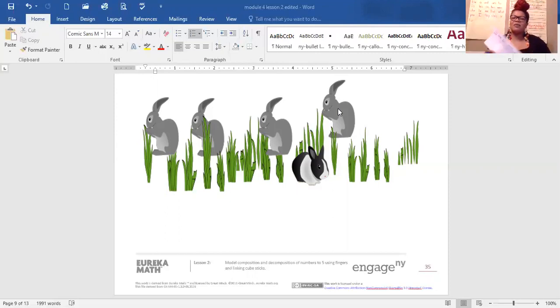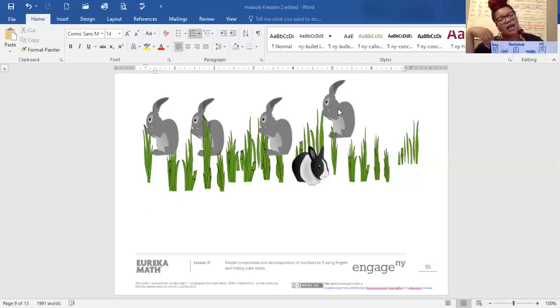Now, parents, I know you're like, well, Ms DuBose, 4 and 1, 1 and 4, they're the same numbers. However, you would be surprised as to how the order of the numbers can trick our minds up. So our friends can be very confident in knowing that 4 plus 1 equals 5.